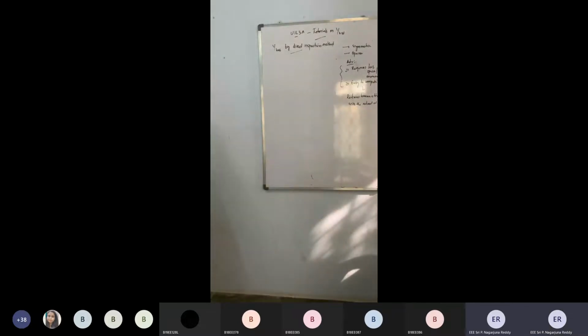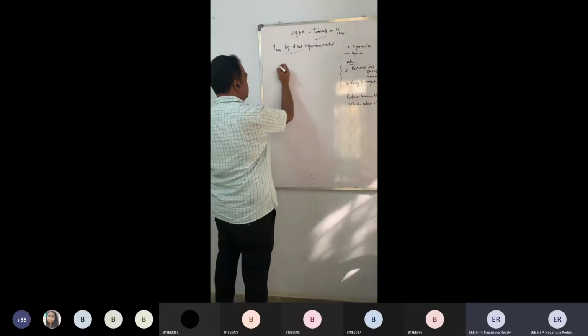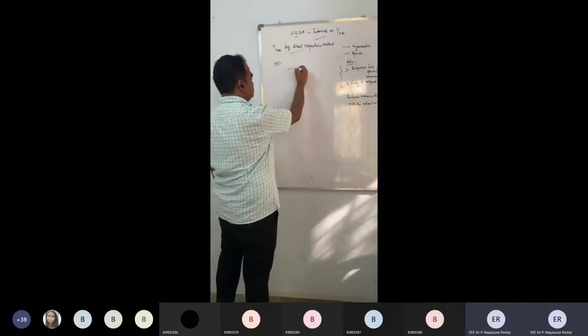So these are the advantages and properties of the Y-bus matrix, which you are supposed to know. And now we have discussed a few problems on the Y-bus matrix in the last class. I will have a quick review on the problems.